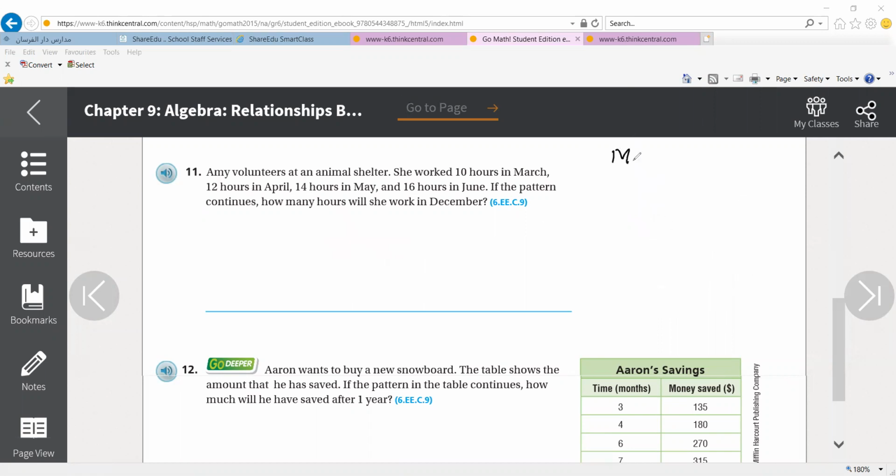March 10, April 12, that is plus 2, plus 2, May 14, June 16, July 18, like that. So December it's 28.